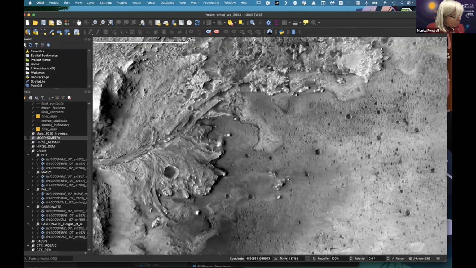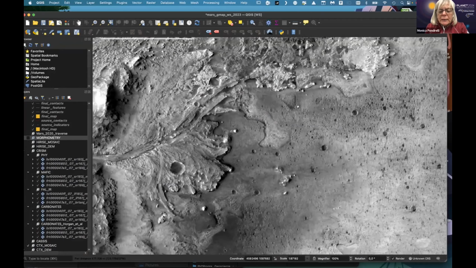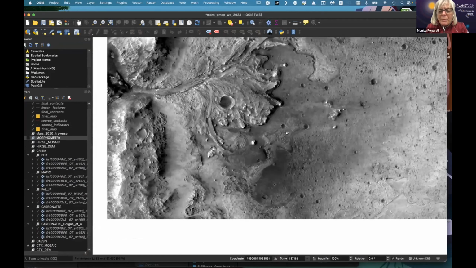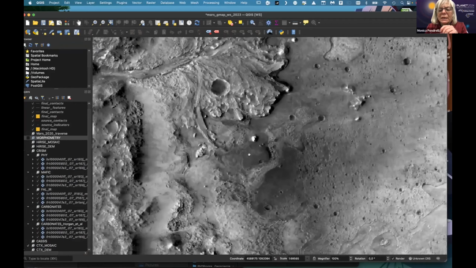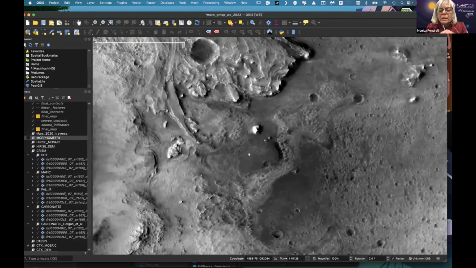Another point which is always a problem when you are mapping this kind of units is this mantling coverage, superficial units, which are basically a mixture of dust, weathering of the surface.